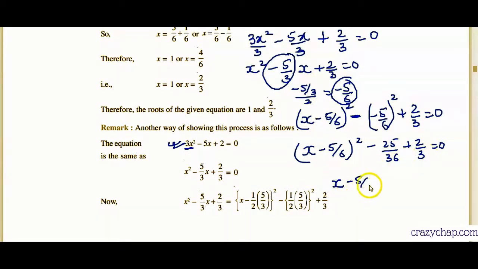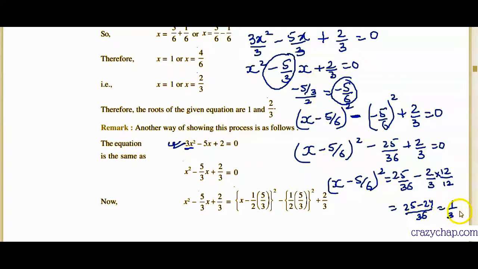So x minus 5 over 6 whole square equal to 25 over 36 negative 2 over 3. Now guys, please understand, we'll have to make the same denominator. So we'll multiply up and down by 12. So we get 25 minus 24 over 36, which is 1 over 36. So x minus 5 over 6 whole square equal to 1 over 36.